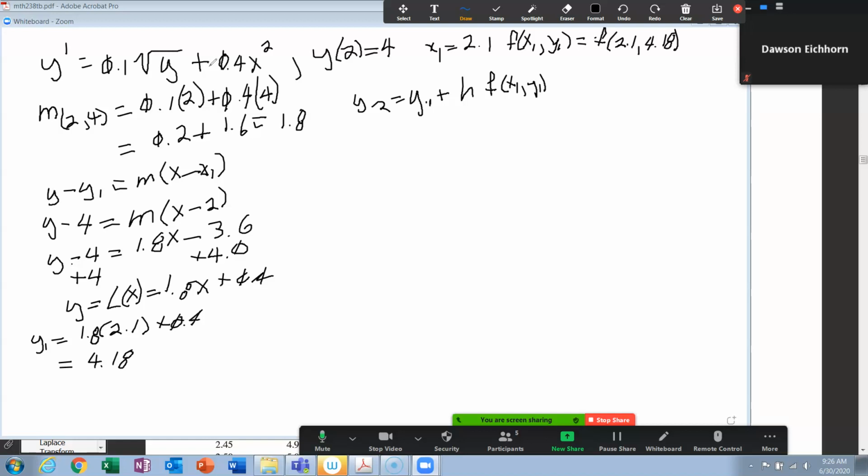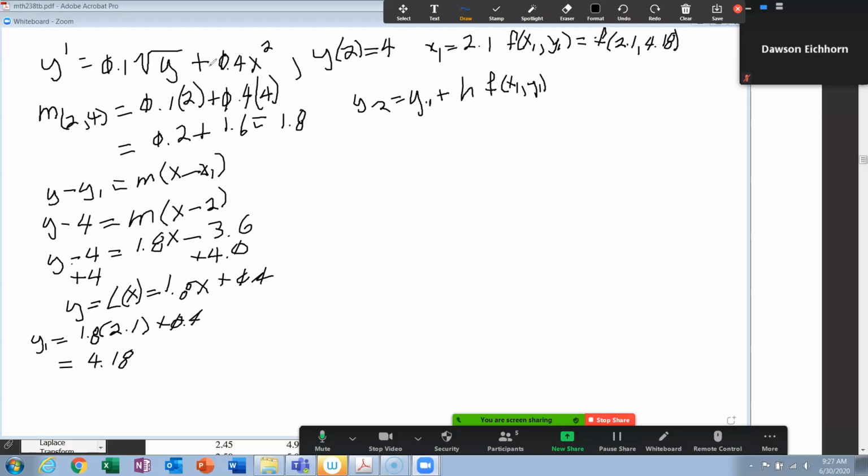Your new slope is going to be 0.1 times the square root of 4.18. On my phone I have to do 4.18 and then hit the square root key.